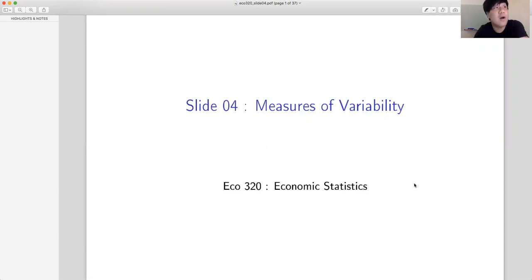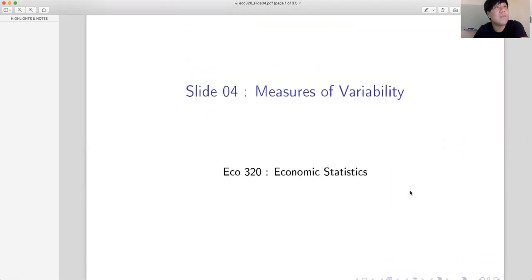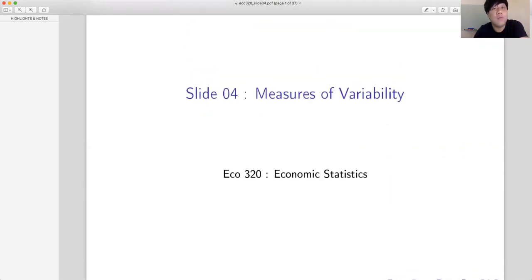Today we're gonna talk about slide 4, which is measures of variability. In chapter 3, we learned measures of location. So when we deal with data, we want to describe what is the average or how the data is distributed, right?